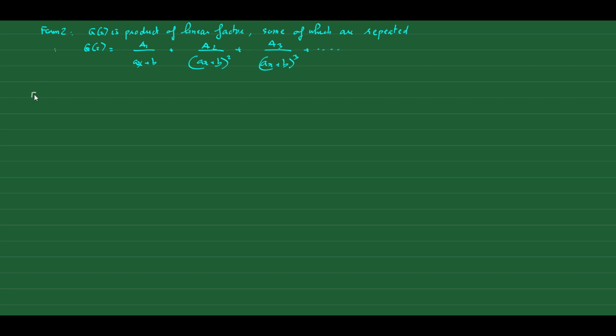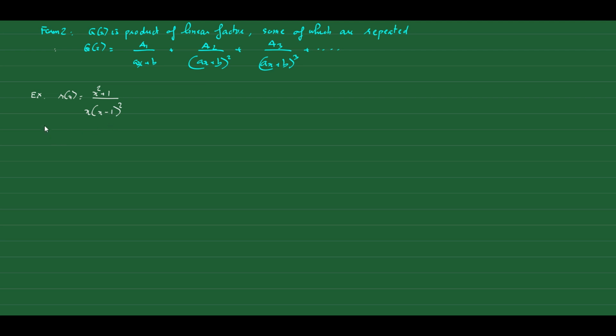For example, let's say I have a rational expression x squared plus 1 over x minus 1 squared. Let's decompose this. You see that my denominator is a product of linear factors, because x minus 1 squared is nothing but x minus 1 times x minus 1, and this factor is repeated.